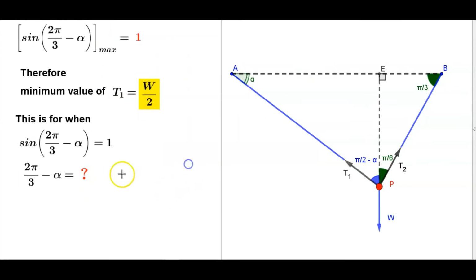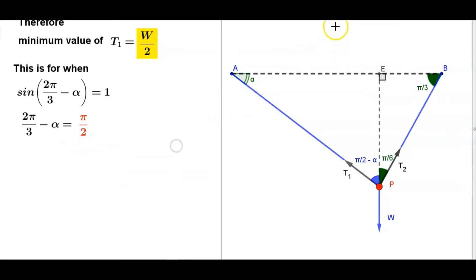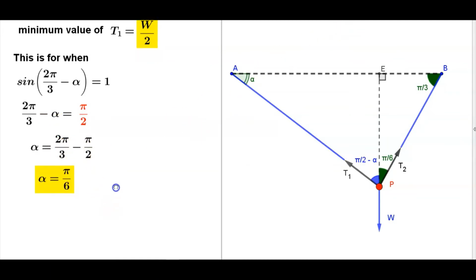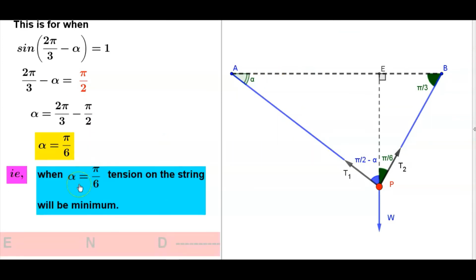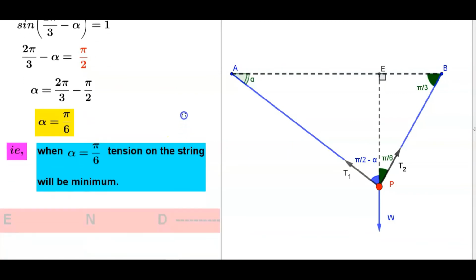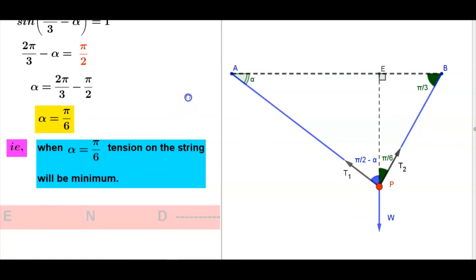When we simplify, sine of 2 pi by 3 minus alpha is equal to 1. Therefore, 2 pi by 3 minus alpha is equal to pi by 2. Changing the subject to alpha, 2 pi by 3 minus pi by 2. Therefore, alpha is equal to pi by 6. That means when alpha is equal to pi by 6, the tension in the string will be minimum.